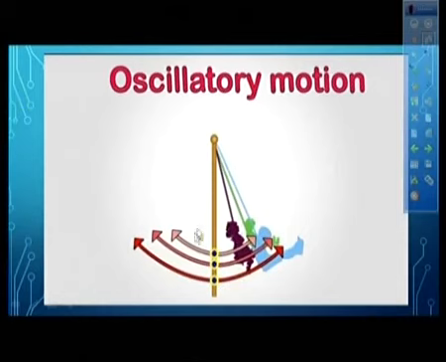From this fixed point, the swing moved forward and also backward. We are saying that this motion is back and forth motion from a fixed point. This type of motion is called oscillatory motion. You oscillate about a fixed point, back and forth.